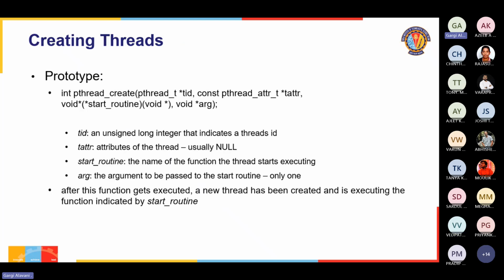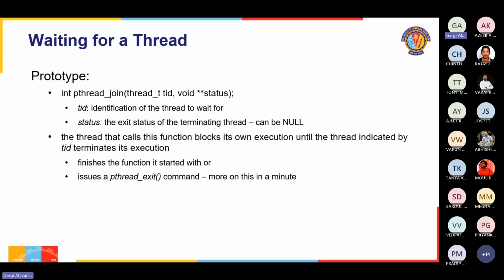So the first function that we saw last time in pthreads was pthread create. With this function, we can create a thread, along with the function that it needs to execute and the argument this function needs. The next is pthread join. Once you create a pthread, it will eventually join the main thread after completion of the task that is assigned. So pthread join will help you join this thread to the main thread.